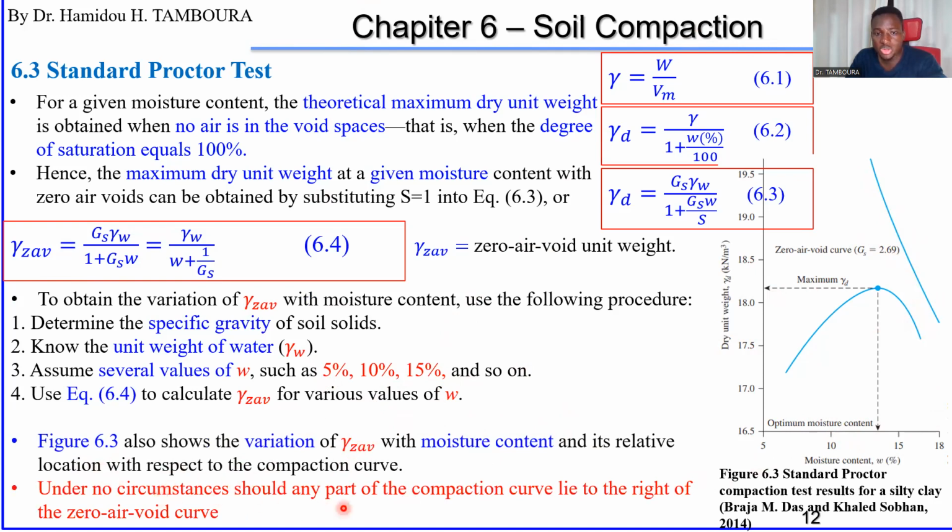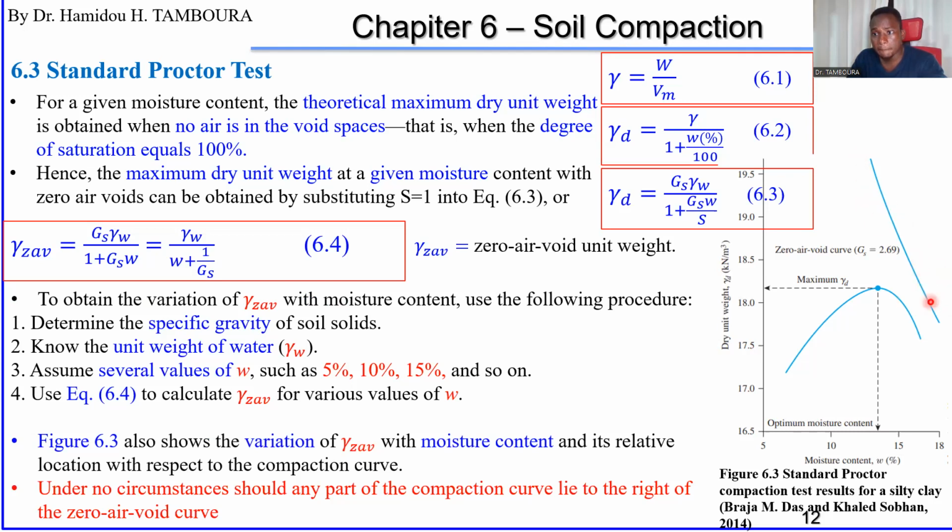And under no circumstances can you get to this line in compaction. There is no part of your compaction curve that can touch or go beyond it. Even touching is very difficult, almost impossible. Like this curve coming and touching here, no. This right side is impossible.